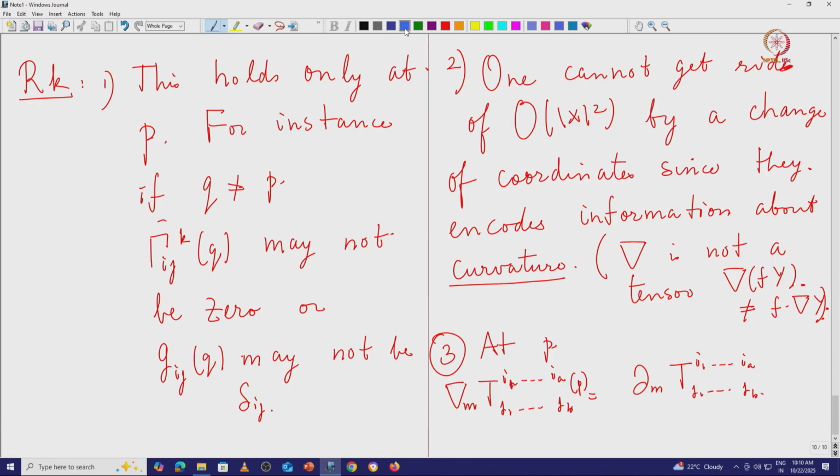But again, the key is only at this point P, not at any other point, only at the center of my normal coordinate system. Okay. But even so, as we will see in the next couple of lectures, it will actually help us with our calculations a lot of the time. Okay. All right, maybe I will stop here.